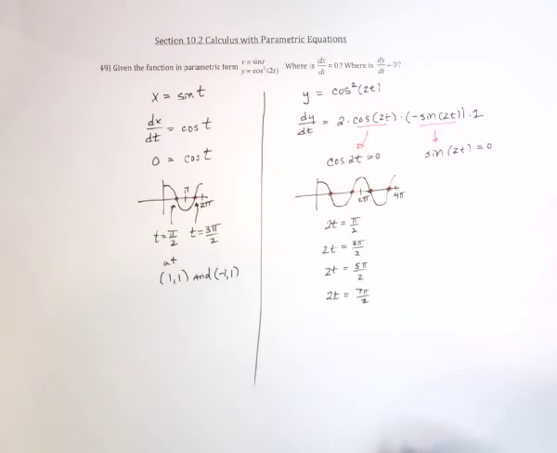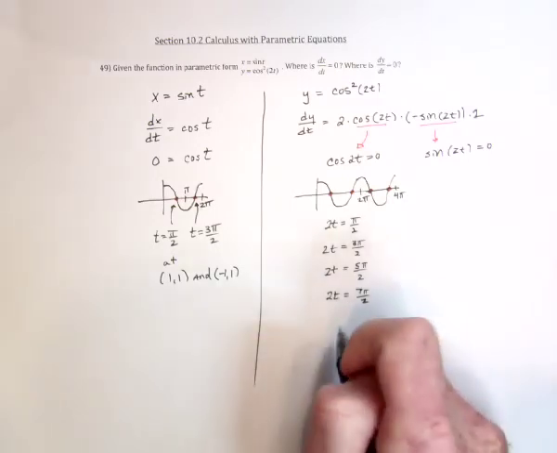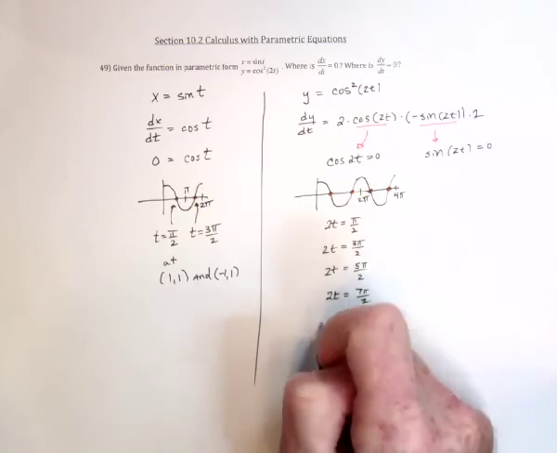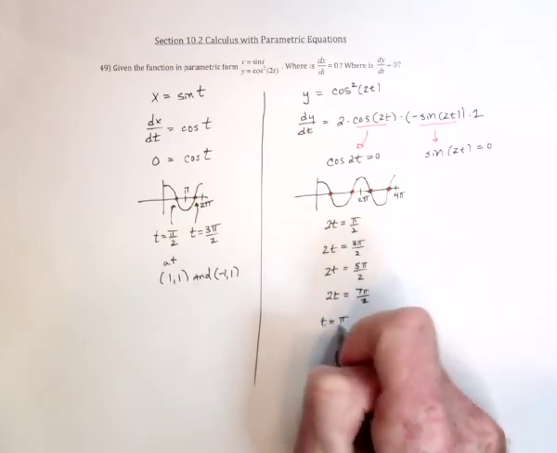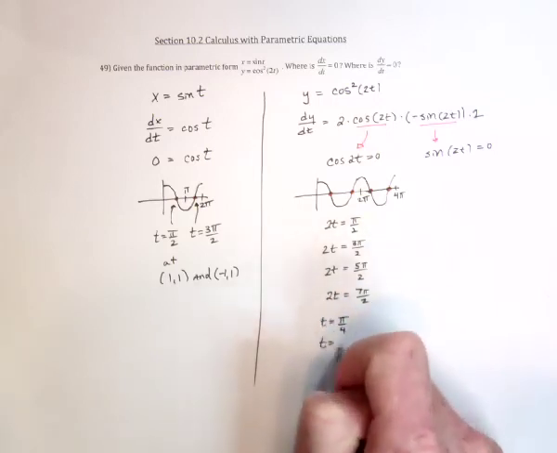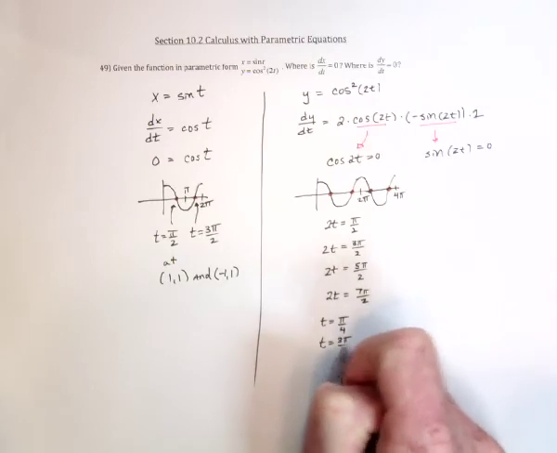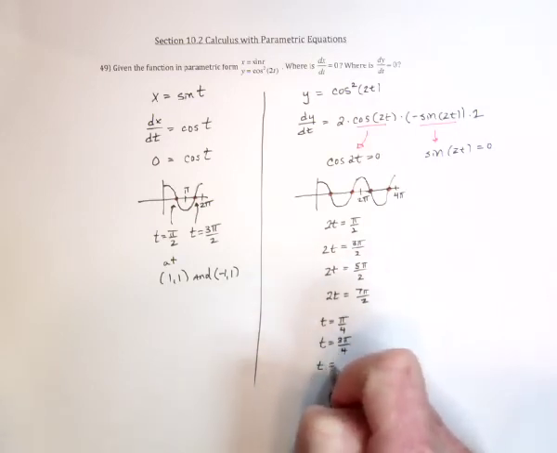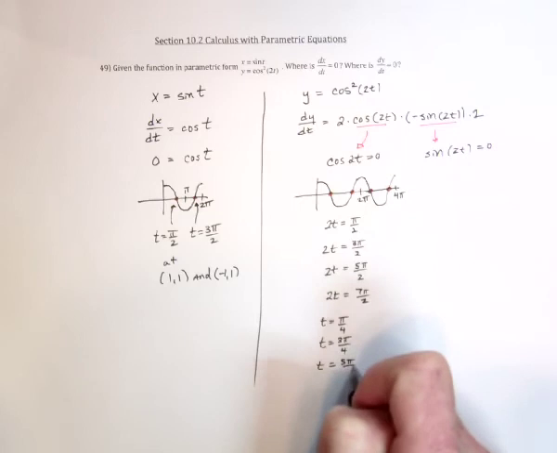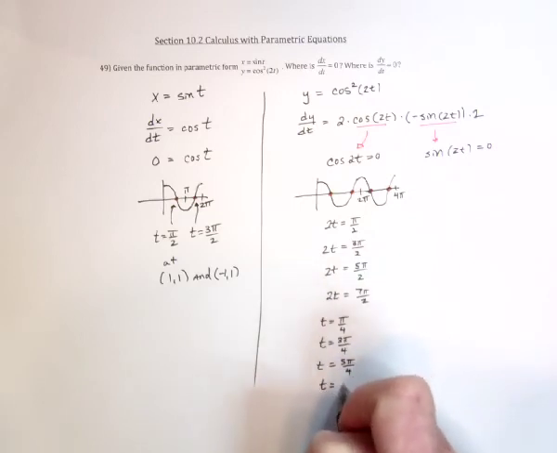After that, divide by 2. So then it's going to be t equals pi over 4, t equals 3 pi over 4, t equals 5 pi over 4, and t equals 7 pi over 4.